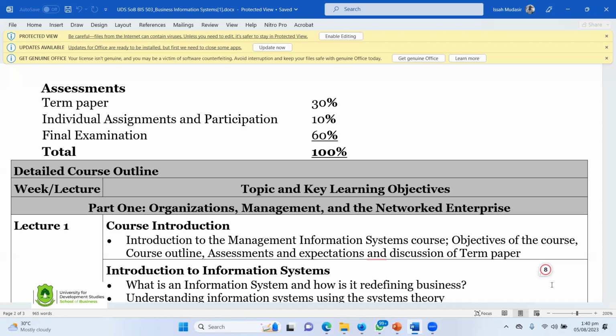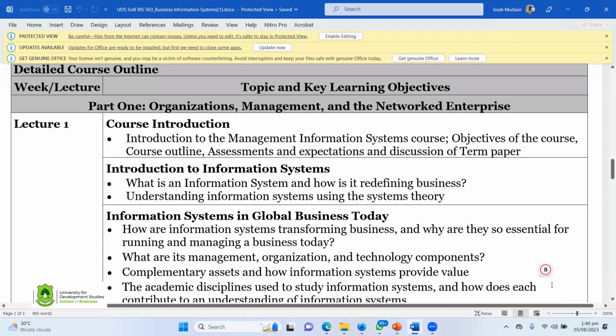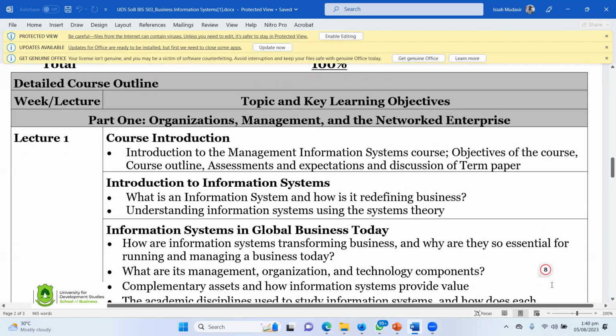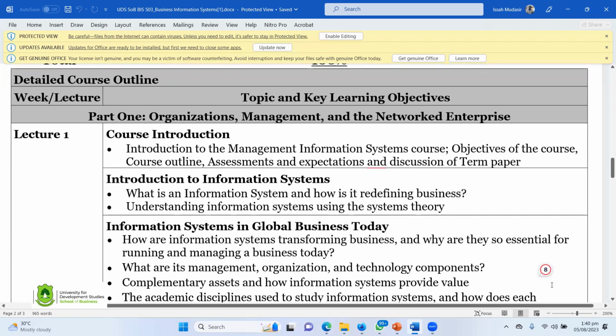Now, the MIS course is divided into some main parts. The first part will look at MIS or information systems in the context of organization, management, and the networked enterprise. We say networked enterprise because hardly would you see an organization just doing its own stuff alone without any integration with other organizations.